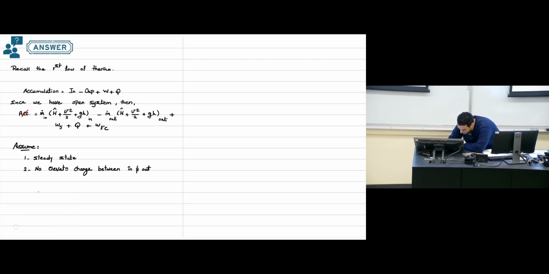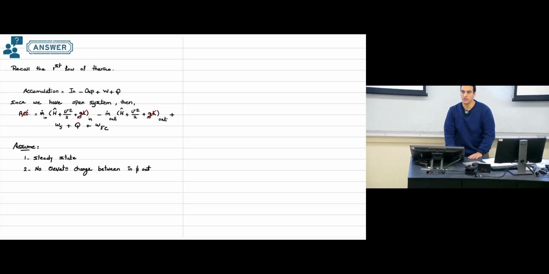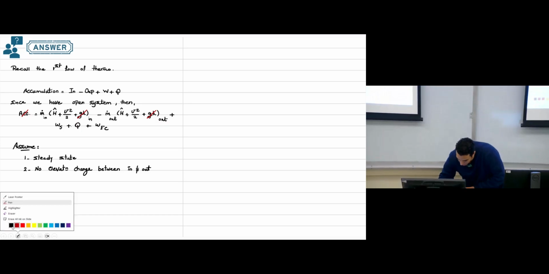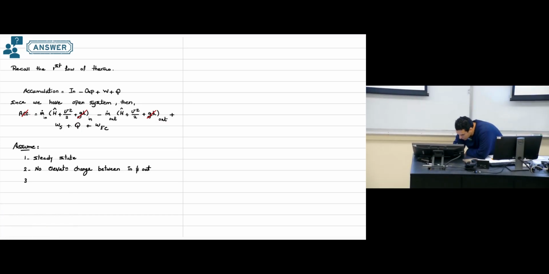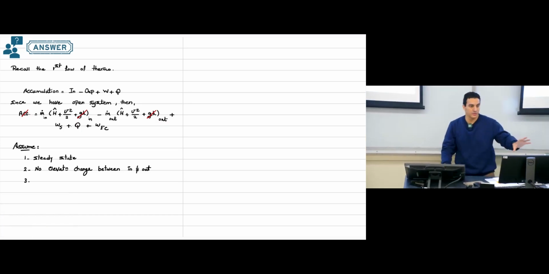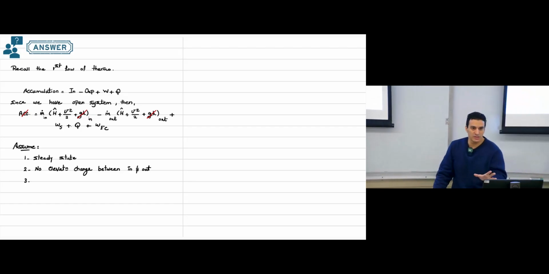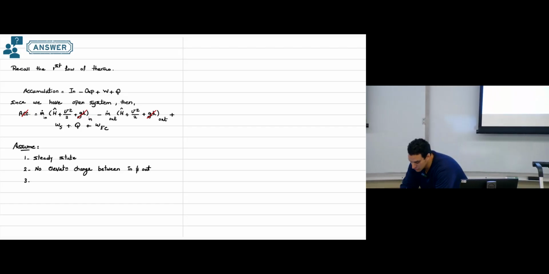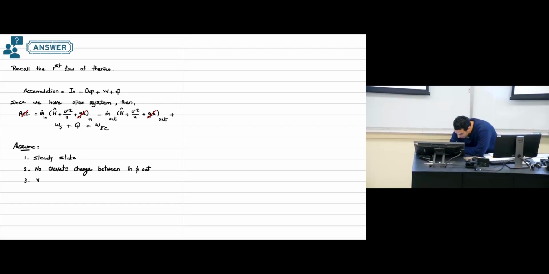So this means the term of the potential energy for the inlet will be cancelled with the potential energy for the outlet. And again, we don't have any changes in the pipe diameter, the diameter of the inlet, the diameter of the outlet. He didn't mention that we have any changes in this one.